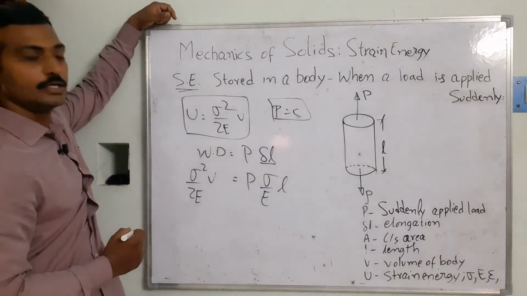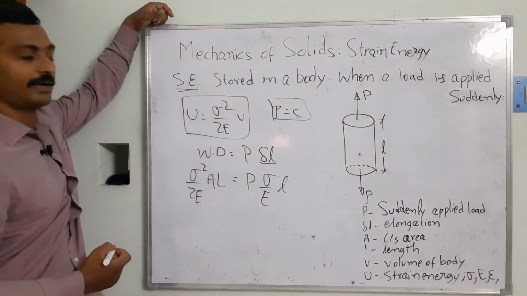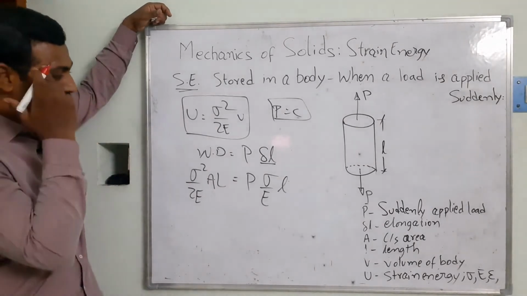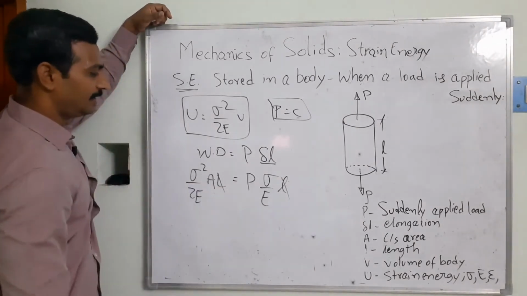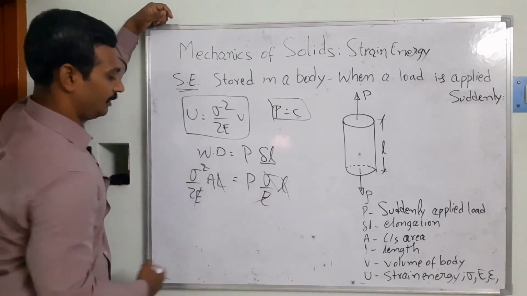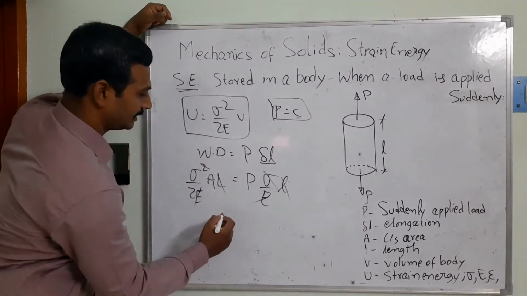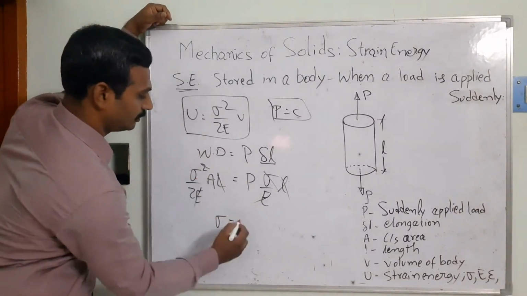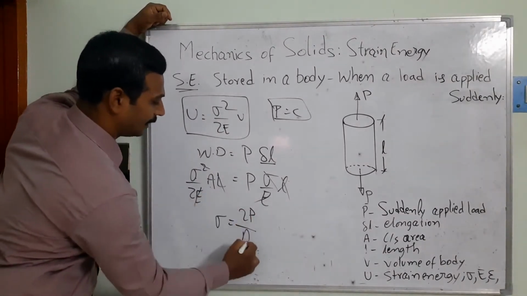The volume I can write as A into L. Then the L will be cancelled, one sigma will be cancelled, and E will be cancelled. So sigma is equal to, the 2 goes to the right side, 2P by A.